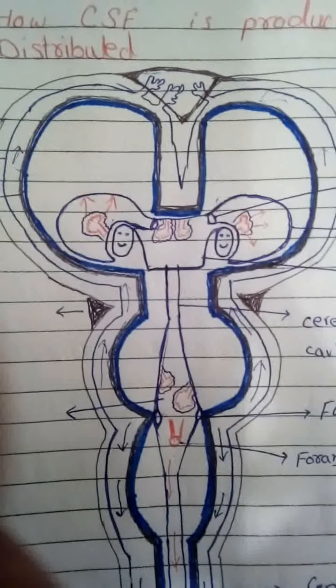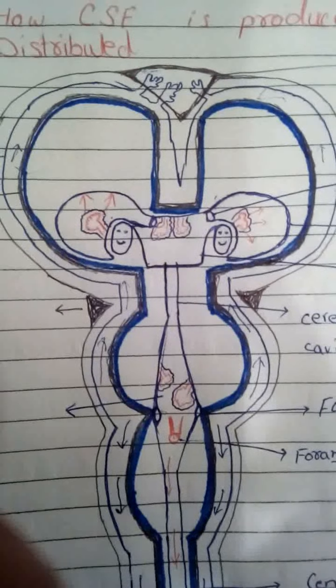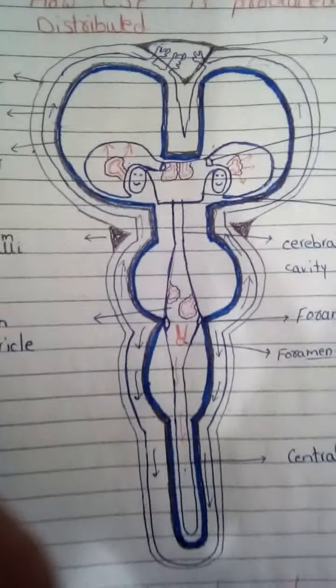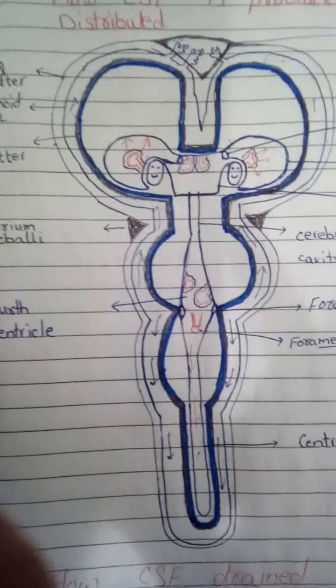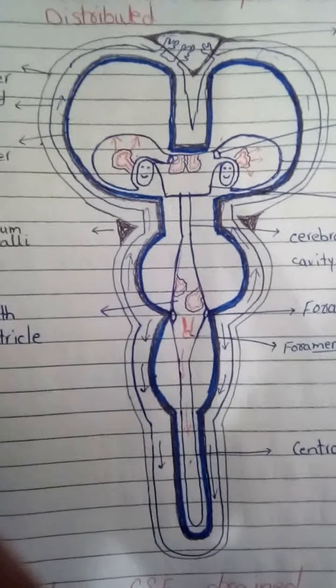From the jugular foramen, it enters the internal jugular vein and then returns to the blood. In this way, cerebrospinal fluid is produced, distributed, and becomes a part of venous blood.